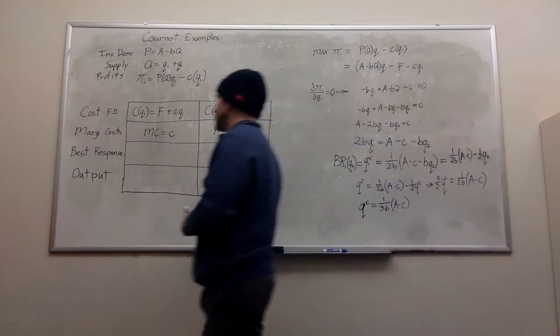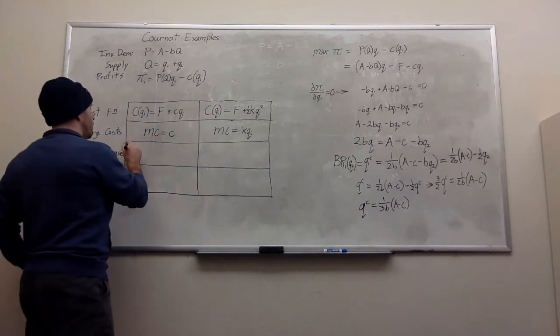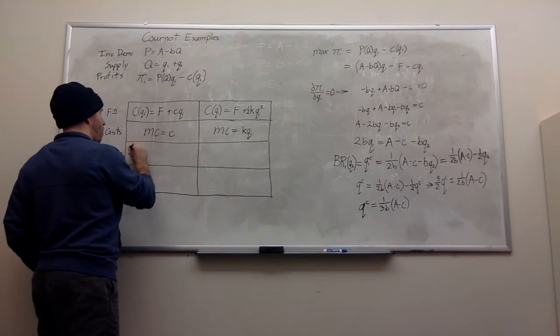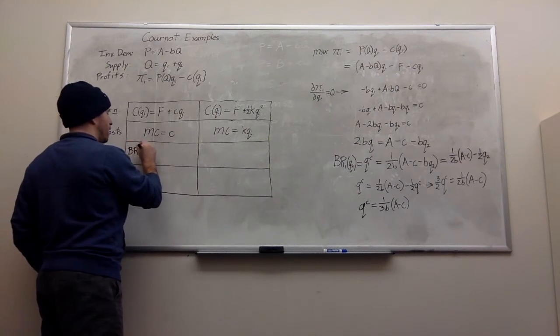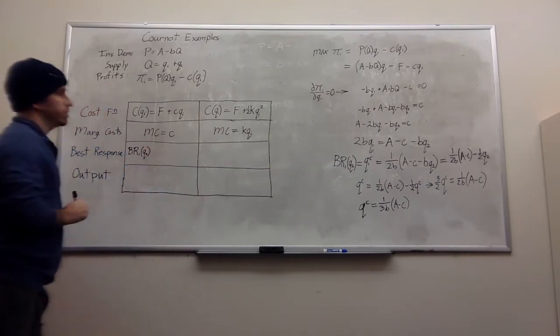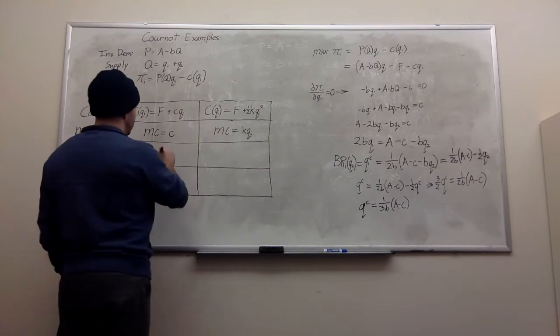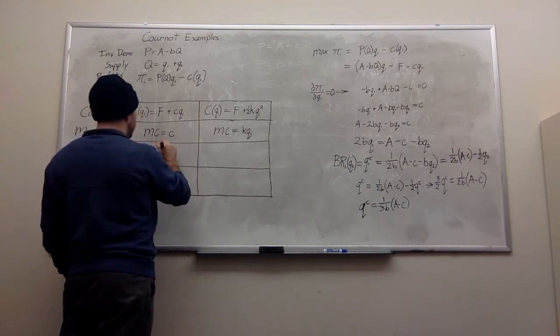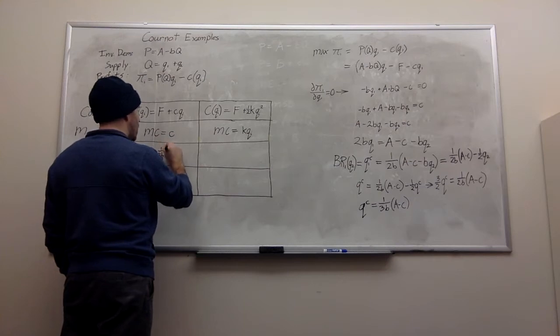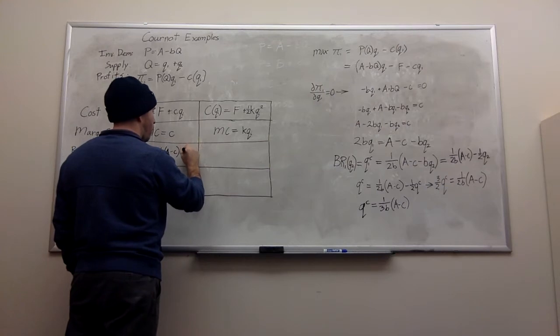Let's bring these over here. So the best response function for firm 1, responding to firm 2's output choice, is going to be 1 over 2b times A minus C minus 1/2 Q2.